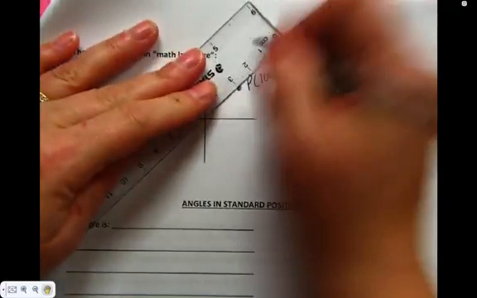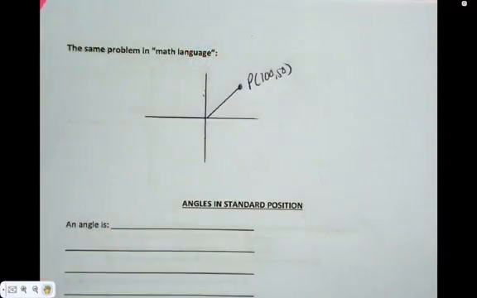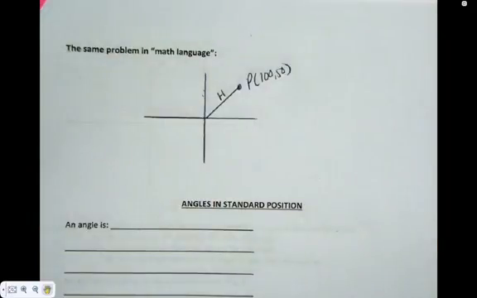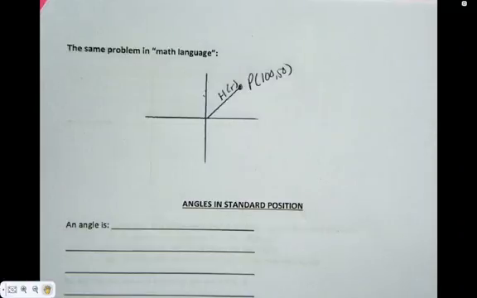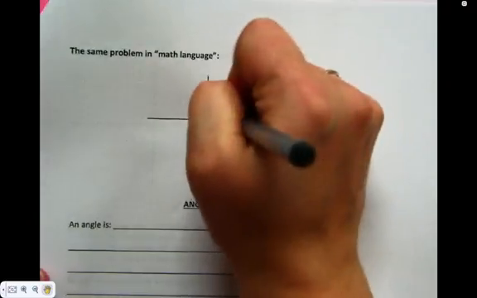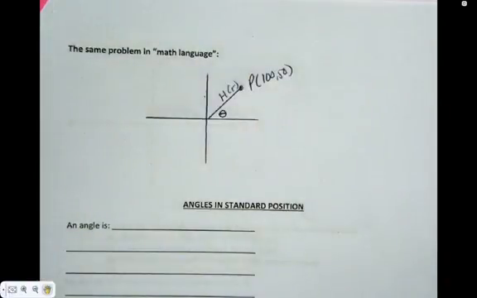And I'm going to join that point back to the origin using a line segment. And I'm going to put an H on that line segment. And sometimes we call it R, which I'll tell you why in a second. So we use H and R just interchangeably with each other. And I'm going to put my little theta symbol in between the x-axis and that line.